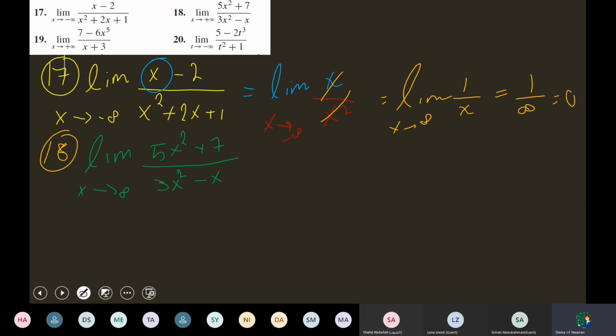Now, what is the greatest power in the numerator? 5x squared. Yes. Okay, and in the denominator? 3x squared. Thank you. So it's 5 over 3. After you simplify it, it will be 5 over 3.